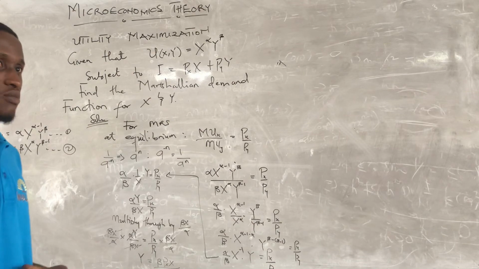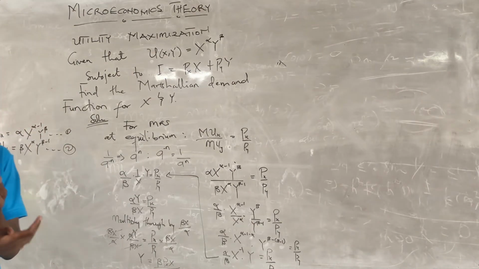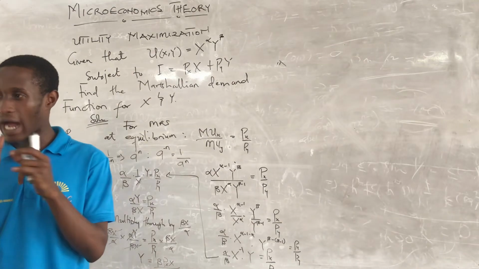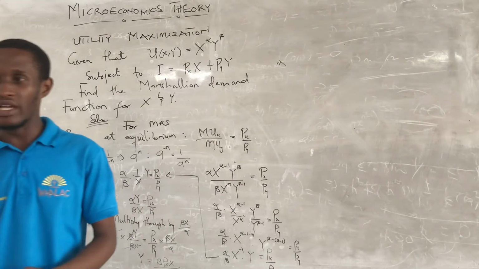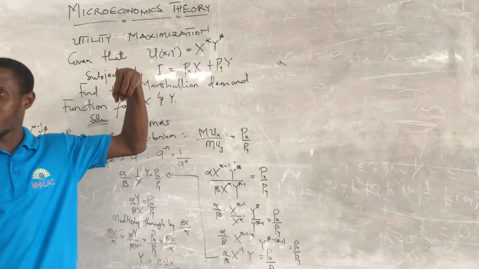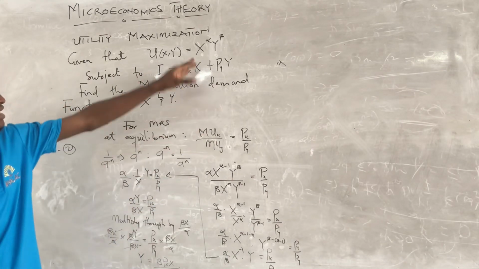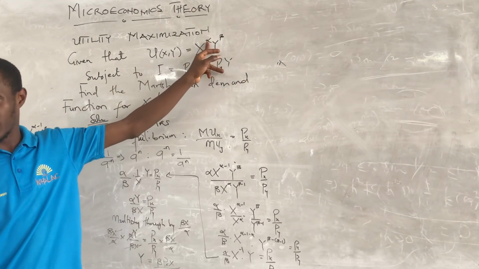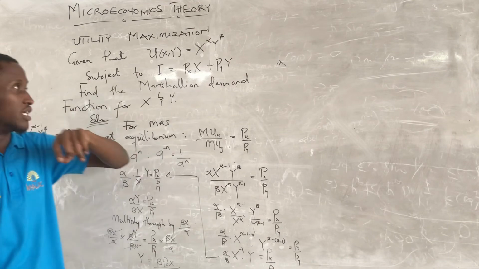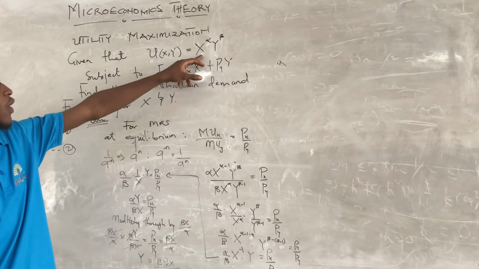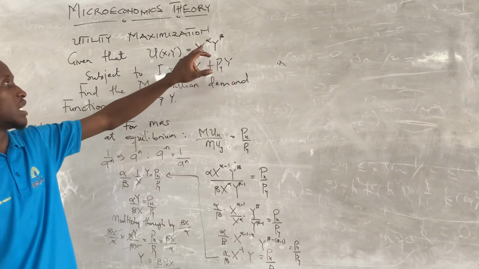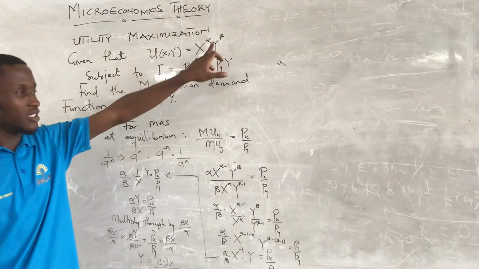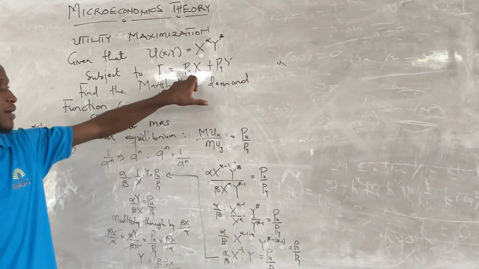For utility maximization, the demand function should be expressed in terms of the income, in terms of the proportion of the commodity. In this case, if it is about x, alpha is the proportion at which it is consumed, or let's say half. So the demand function should be in terms of this alpha, the income, and then the price of x.